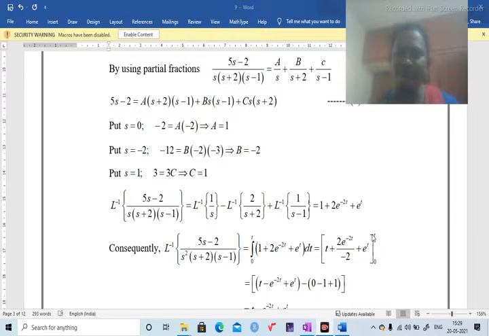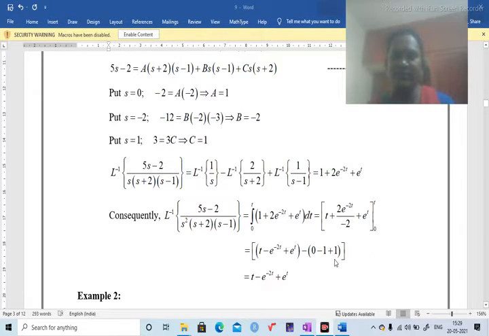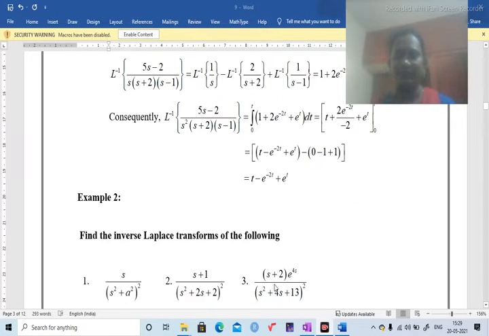First of all, I am going to substitute t, the 2 gets cancelled, then I am going to get this step. Again I am going to substitute 0, that is 0 minus 1 plus 1. Minus 1 plus 1 get cancelled, then the final answer is this one. That means the L inverse of the given function is t minus e power minus 2t plus e power t.